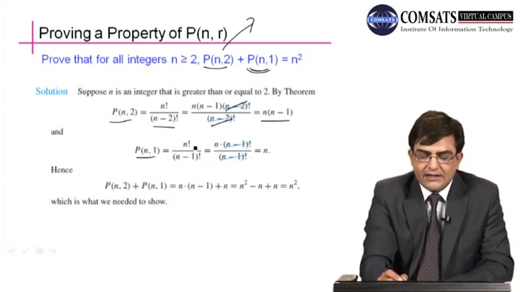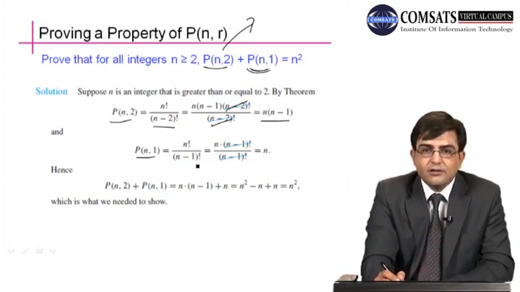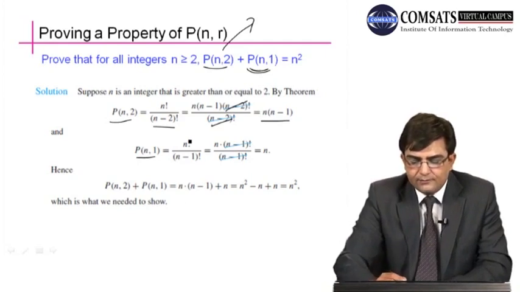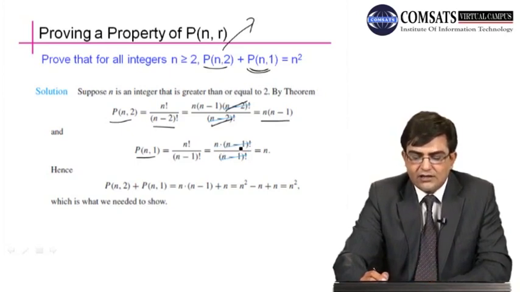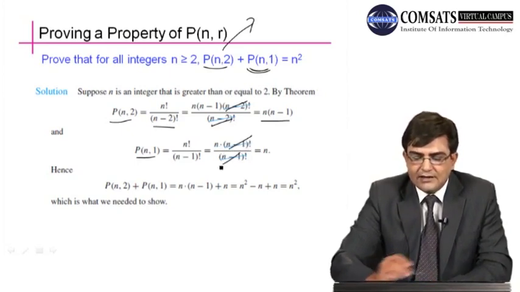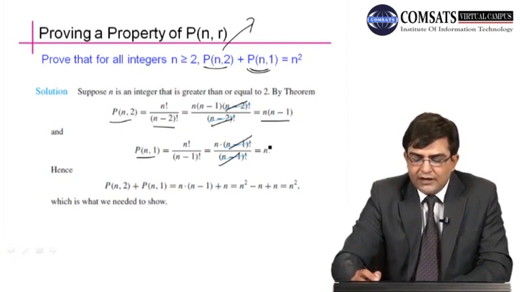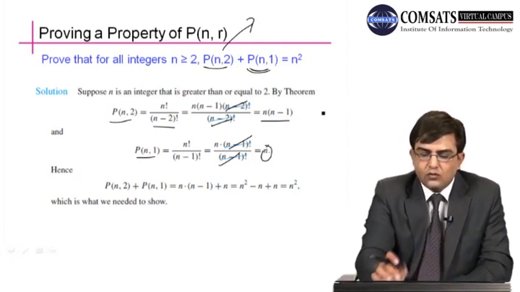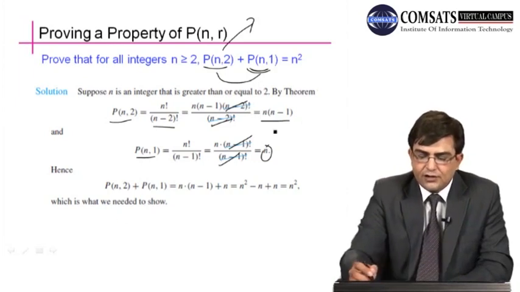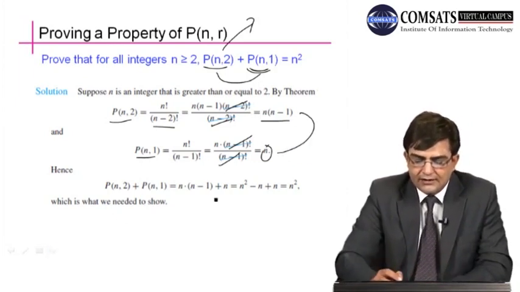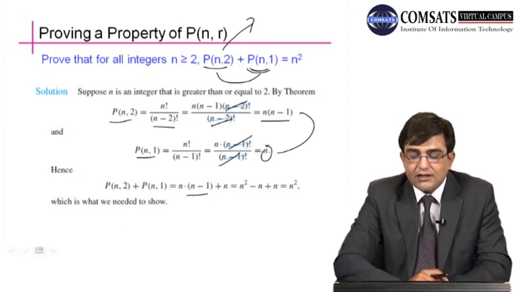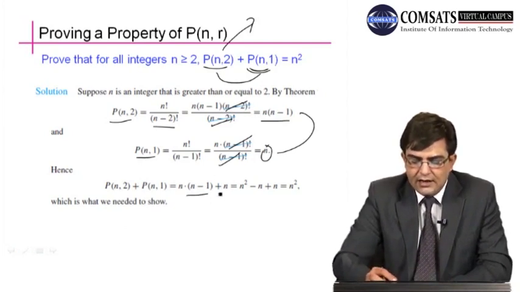Now we can simplify P of n 1. P of n 1 is basically n factorial over n minus 1 factorial, and we expand n factorial up to n minus 1 factorial, which we can write as n into n minus 1 factorial, and this is cancelled out with the term in the denominator, which is n minus 1 factorial. So we obtain n. Now we take the sum of these two terms. The first term is n into n minus 1, the second term is n.